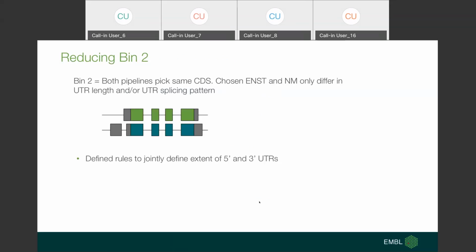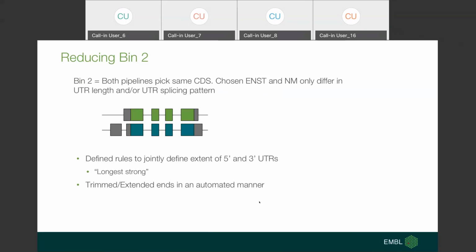Now, I know that may sound trivial, like you should be able to quickly match the UTR. However, this was actually quite a complicated task. And we ended up coming up with a concept of the longest strong, which I will describe in a minute. But once we managed to define the ends, then we trimmed or extended in an automated manner.